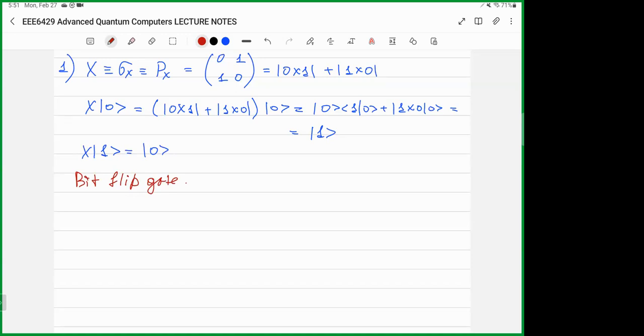Bit flip gate. Yeah, and also we can say that this is the classical, or excuse me, the quantum analog of NOT gate in classical logic.